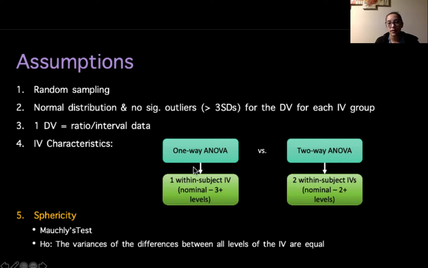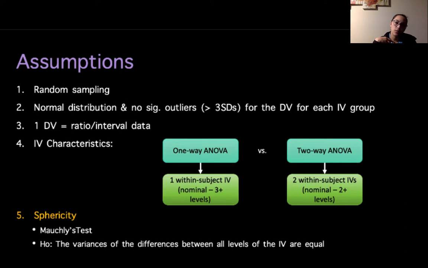A one-way ANOVA will have one within subject independent variable with at least 3 levels. And a two-way ANOVA will have two within subject independent variables, each having at least 2 levels. In both cases, we're going to have a nominal type of independent variable. Similar to last week, you could also have an ordinal variable as long as the variable is non-parametric. You're set to go.